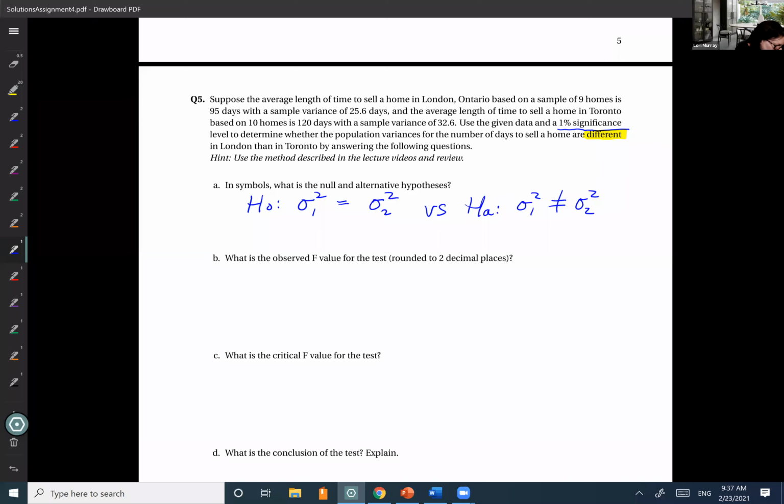So part B is you take F, put the largest value on the numerator, take the smallest value on the denominator. So what am I doing here? This one here, the sample variance, was S2 squared. And this one here was S1.